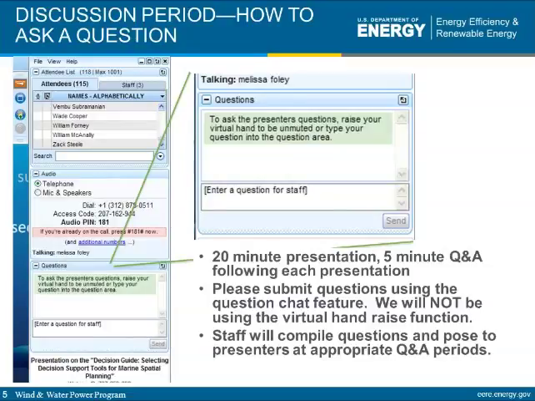Just type it in and press send. Questions will come to Jocelyn, Anna, and myself, and we will compile those, and I'll ask them of the presenter following the presentation out loud so we can all hear it. If your question doesn't get answered out loud, we will be sending questions to speakers for them to answer in written form, which you will all be able to see.